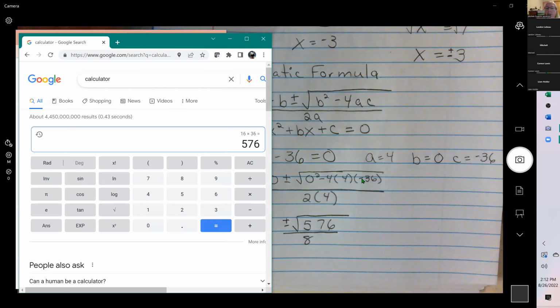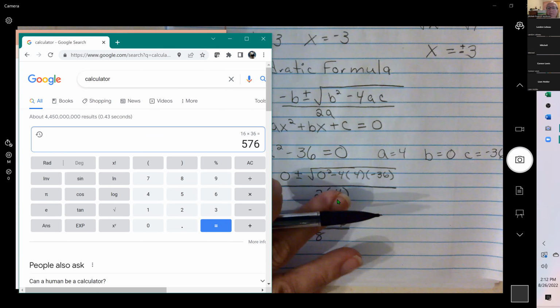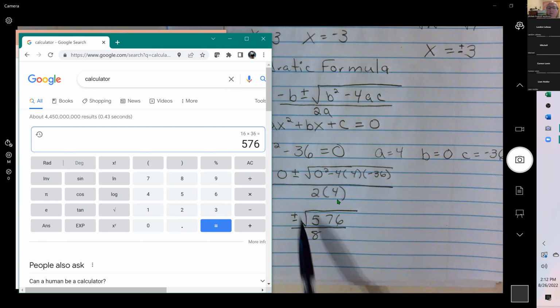And this negative times this negative makes it a positive. And of course, the 0 just drops out with an 8 in the bottom. And this value was also 0.